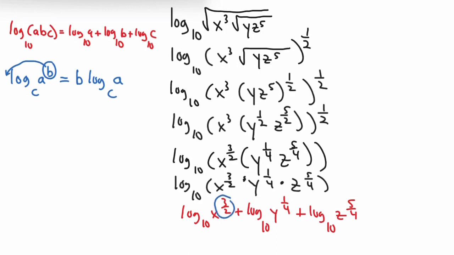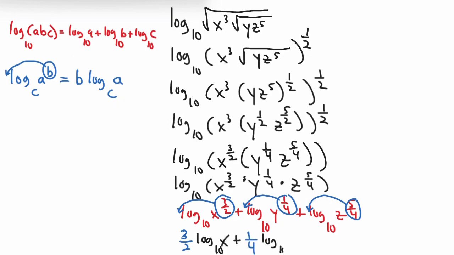So we can move all of these out in front of the logs. So we got 3/2 log base 10 of x plus 1/4 log base 10 of y plus 5/4 log base 10 of z.